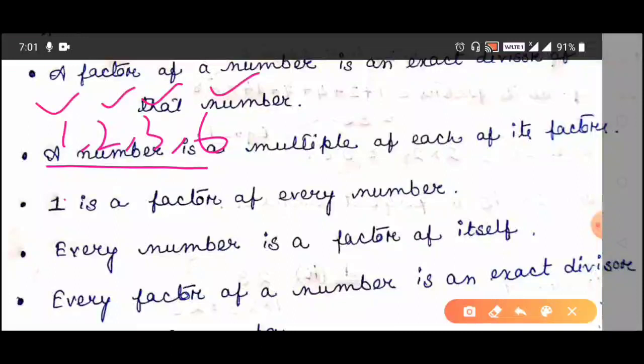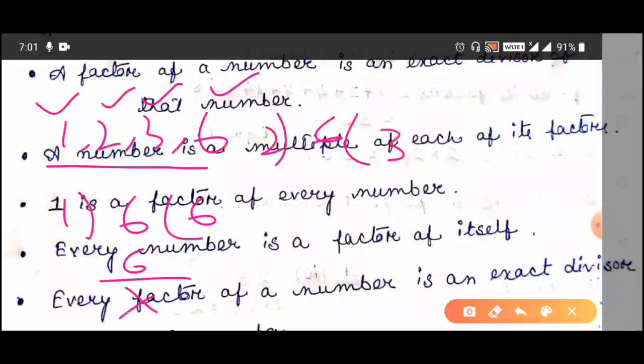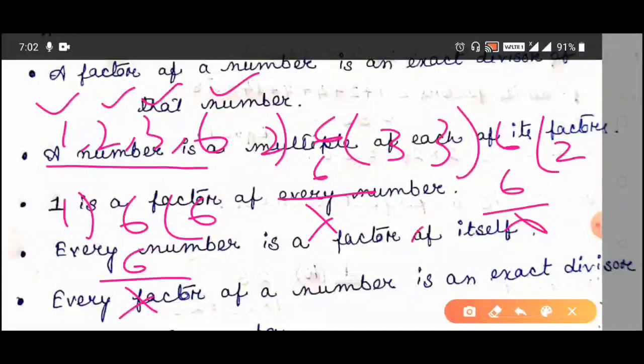Let's check it. Dividing 6 by 1, 6 ones are 6, remainder is 0. Dividing 6 by 2, 2 into 3 is 6, remainder is 0. Dividing 6 by 3, 3 into 2 is 6, remainder is 0. Dividing 6 by 6, 6 into 1 is 6, remainder is 0.